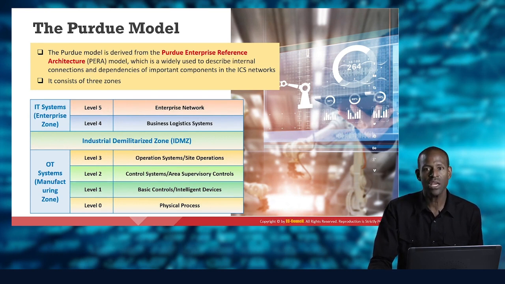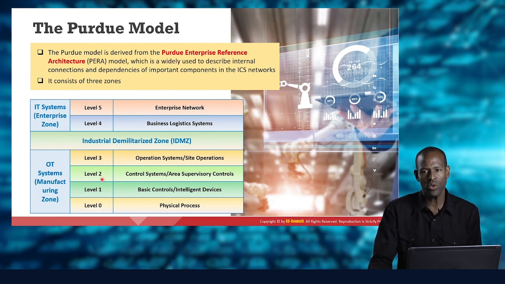There are actually 3 zones in this model, right? So if we look at the zones, the 2 major zones are the OT systems, where we have our manufacturing zone, and the enterprise system, where we have our enterprise zone. The zone that separates those is the DMZ, or the industrial demilitarized zone, the IDMZ.